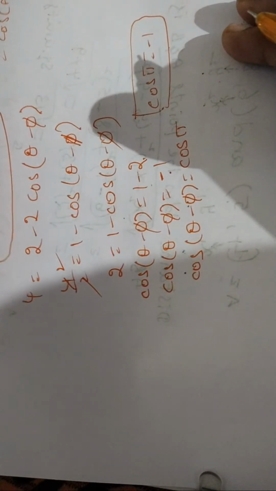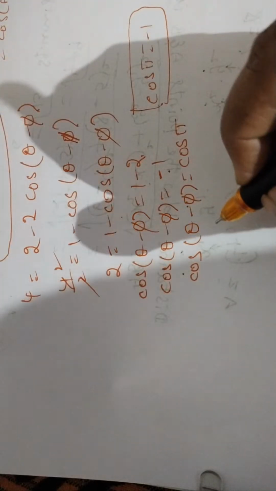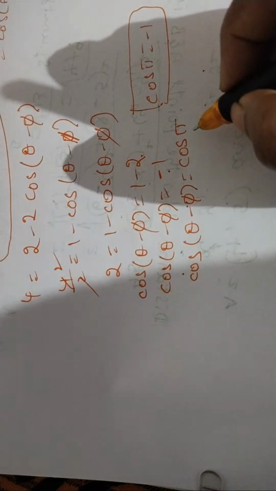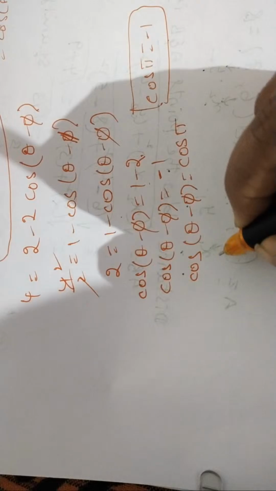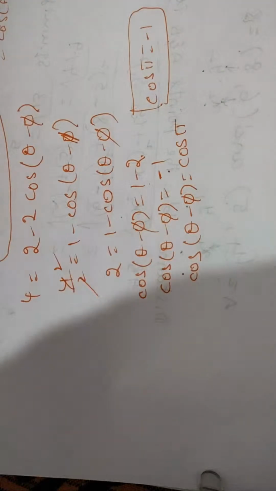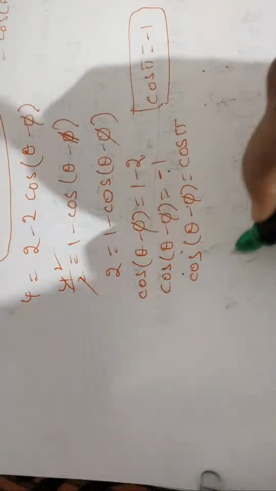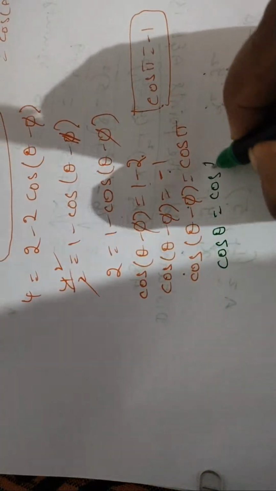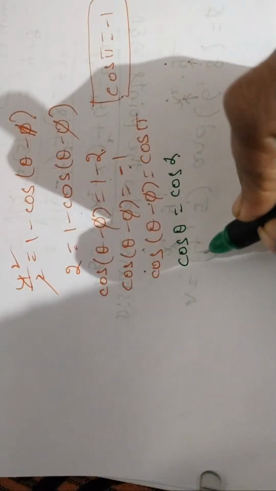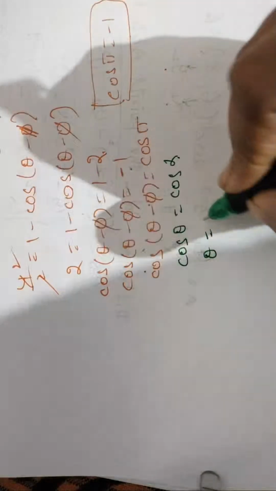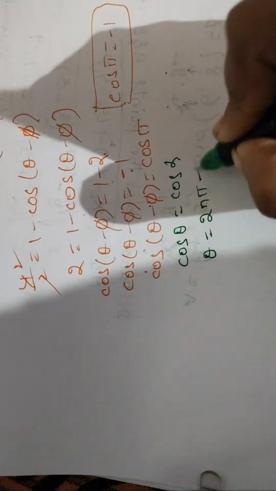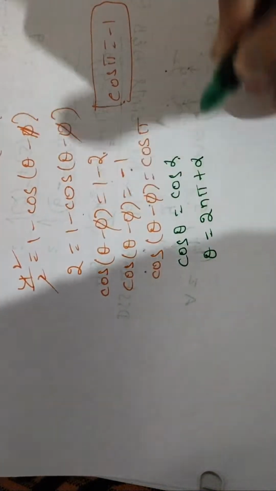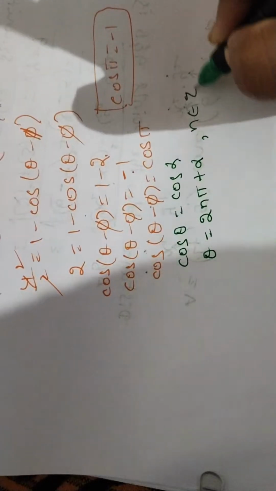Now, we have the general solution: cos theta equals cos alpha. Solution is theta equals 2n pi plus alpha for n belongs to z.